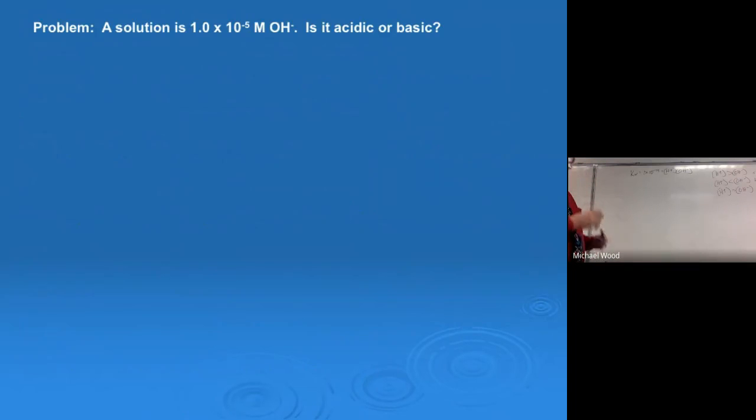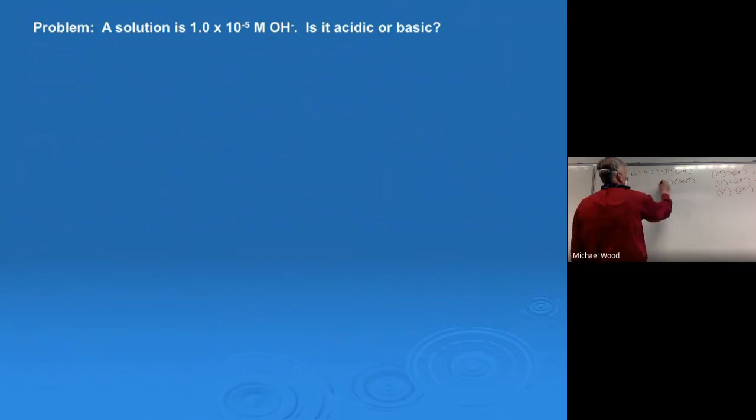Okay, so the problem is 1 times 10 to the negative 5th OH. Is this acidic or basic? To do this one, I'm going to again use this. And again, if we know one of these, we can always figure out the other. So if I know the OH is 1 times 10 to the negative 5th, I'll plug that in.